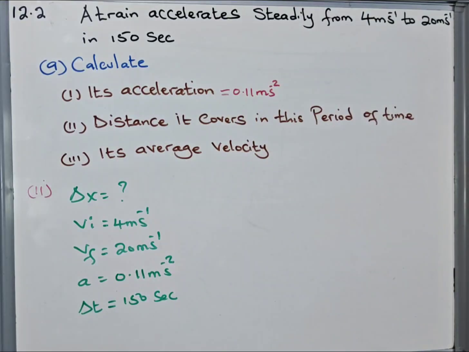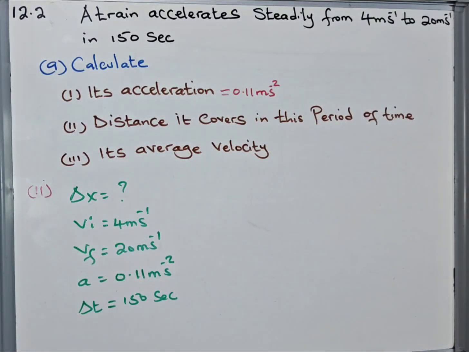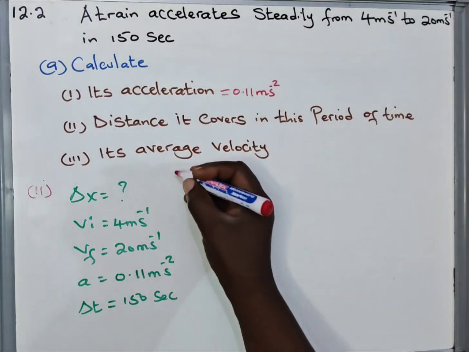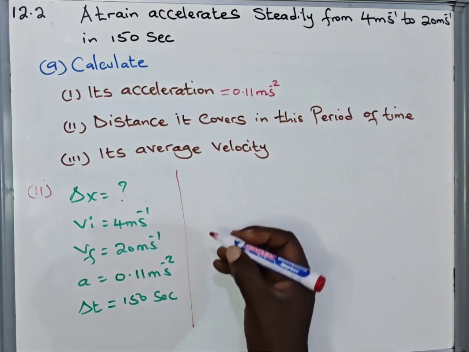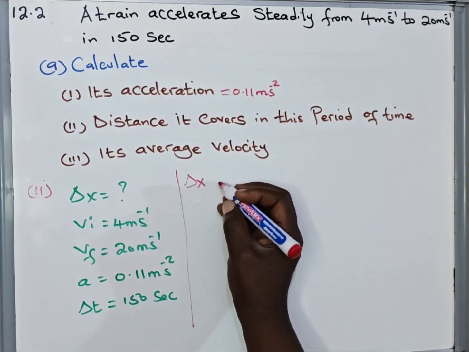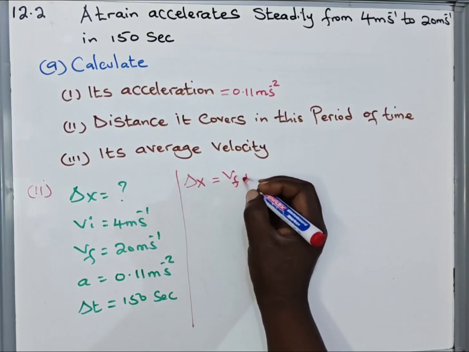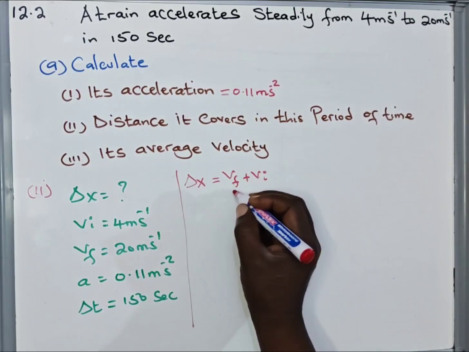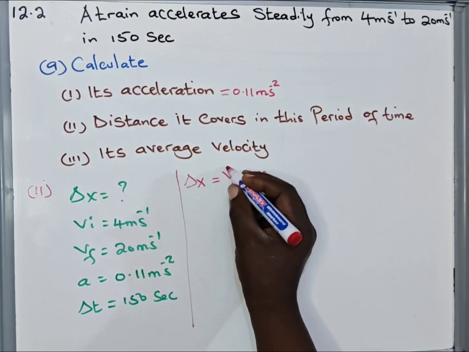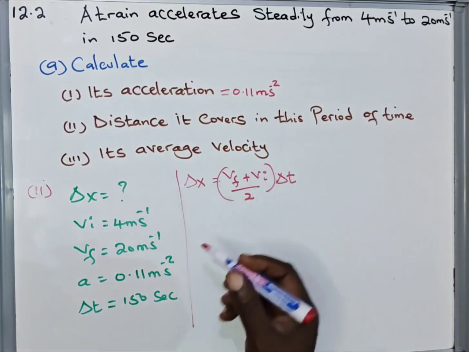So we have a lot of information here, so we can have 2 equations which you can use. Let us start with one. Suppose we use this one: displacement is equal to final velocity plus initial velocity over 2, times delta t.